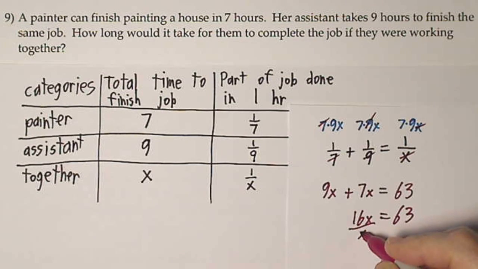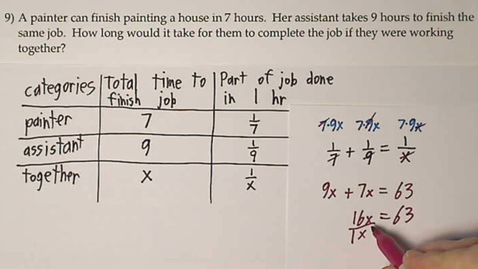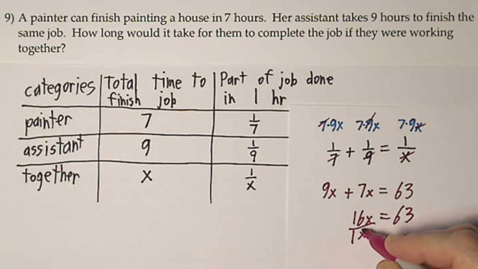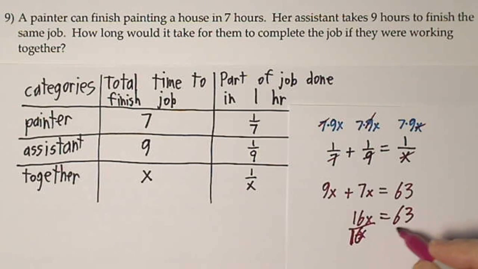divide by 16, not x. I want to keep x. I want to get rid of the 16. So divide by 16, divide by 16.